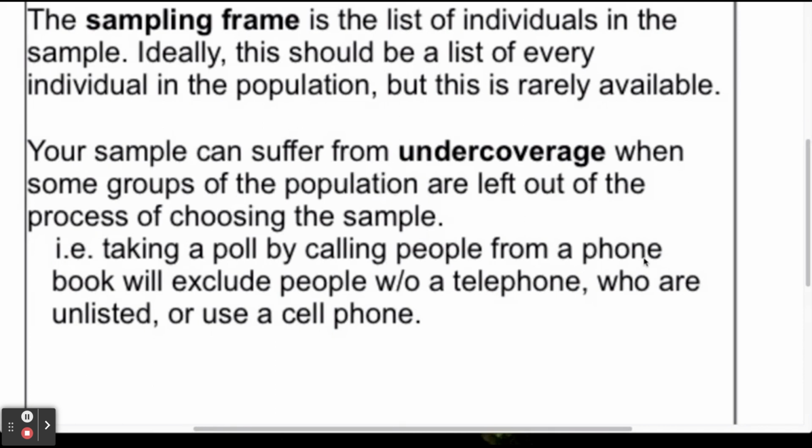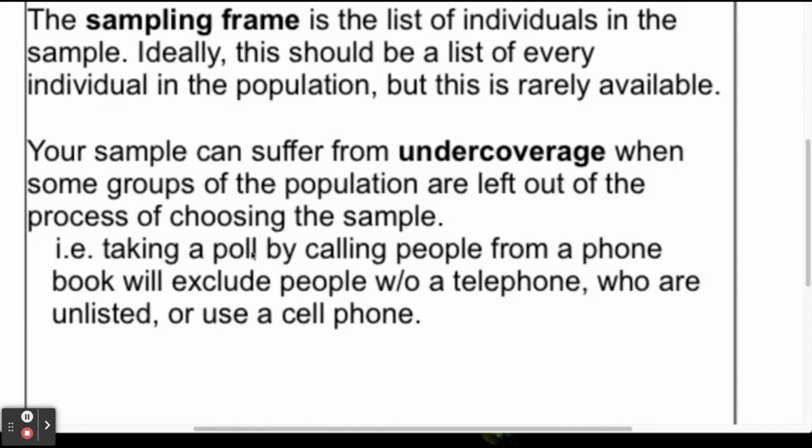But the problem was that they went there during working hours. So that sample was suffering from undercoverage, because anybody who has a 9 to 5 job was not going to be represented in that sample. That would be an example of a sampling error, and that type of error is called undercoverage.